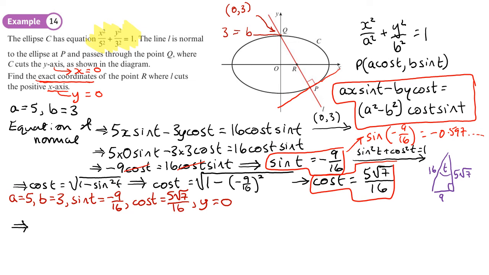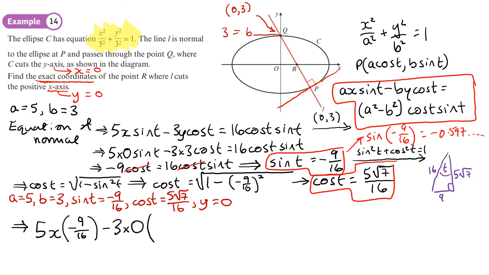So that's exactly what I'm going to do. So a x, so 5x, where x is what I need to find, times sine t, so that's minus 9 over 16, minus b, so b is 3, now y is 0, so everything else I'm going to write after this bit is going to be 0.